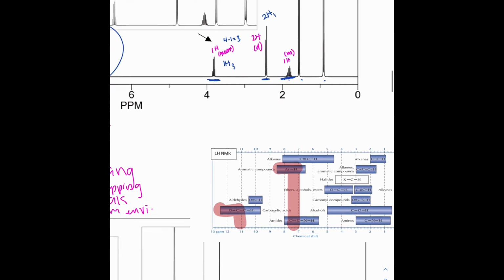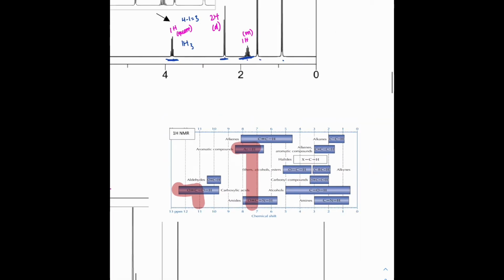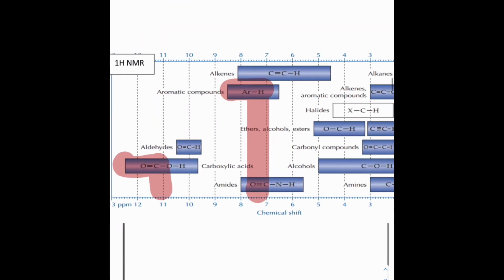So looking at our cheat sheet of chemical shift properties, we can see that between 7 and 8, the chemical shifts are typically for aromatic compounds.